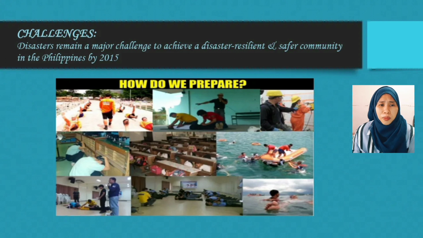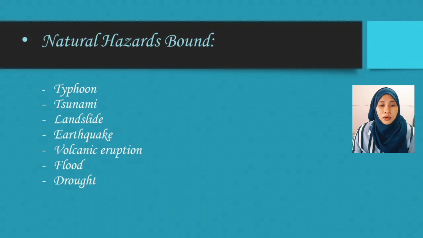Challenges. Disasters remain a major challenge to achieving a disaster-resilient and safer community in the Philippines by 2015. So this picture shows how to prepare during typhoons or any disasters on earth, like natural hazards: typhoon, tsunami, landslide, earthquake, volcanic eruption, flood, drought.